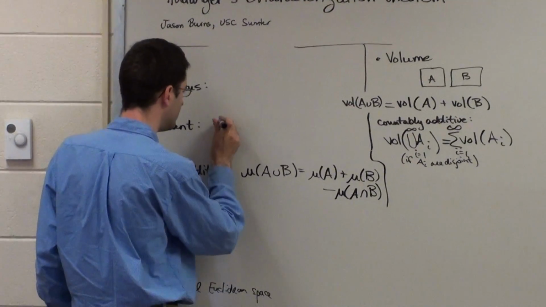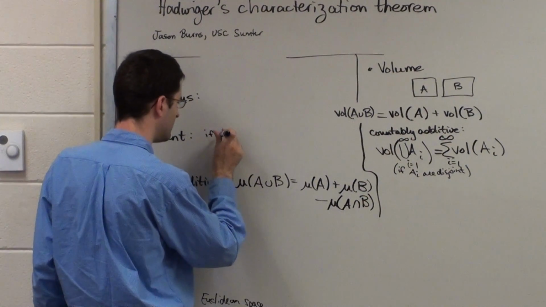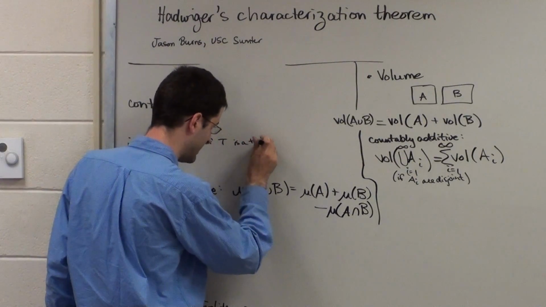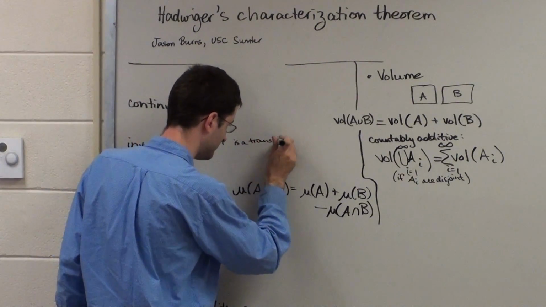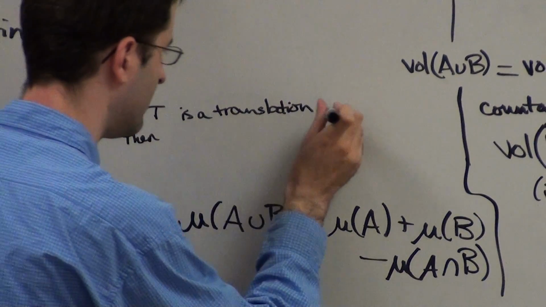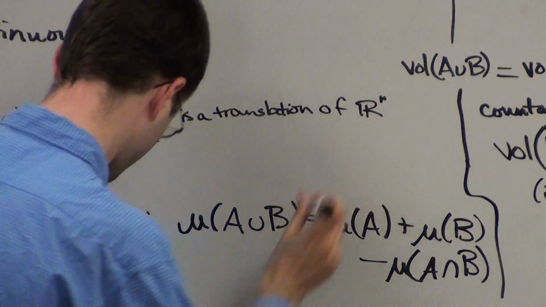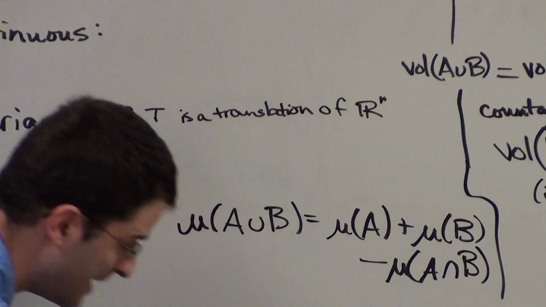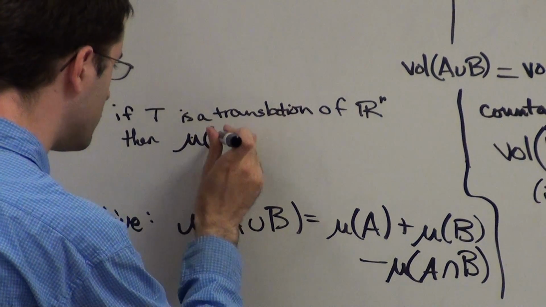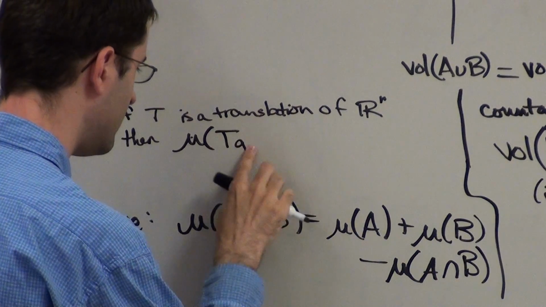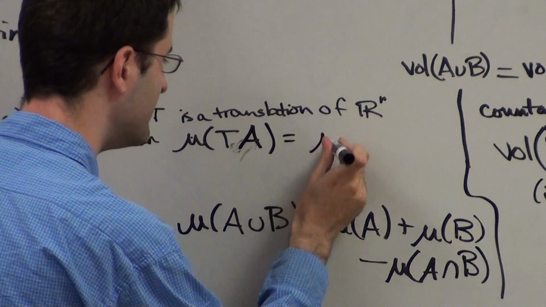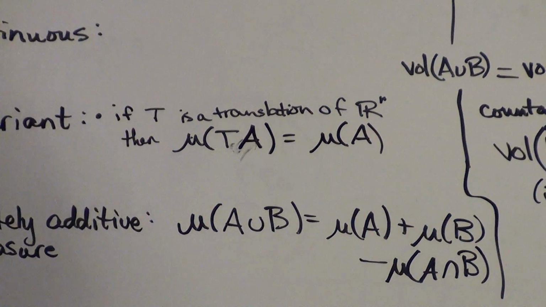So if T is a translation, then the measure of the translation of this set is the same as the measure of the original set.